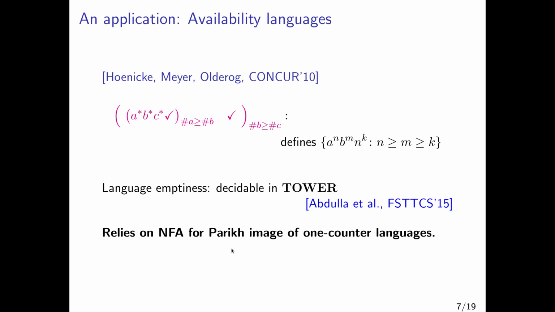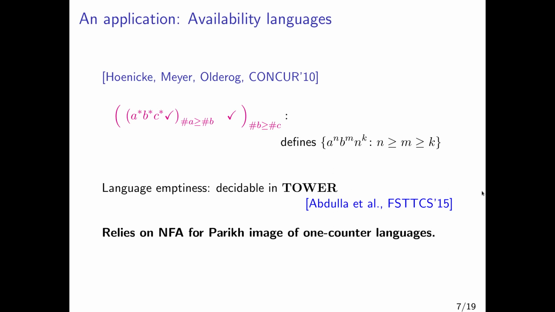Now what happens is there is this exponential construction for Parikh images of context-free languages, and then in principle a big expression can have many nested constraints, and then you have this exponential iterated, which is how you get to a tower.